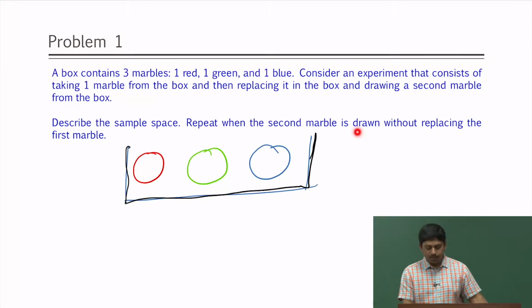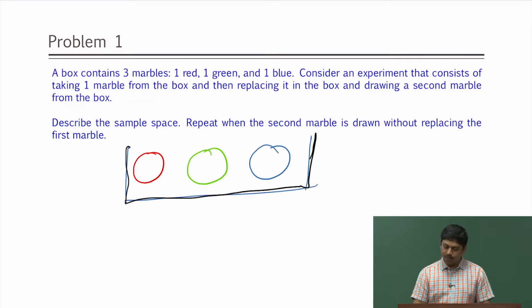Describe the sample space. So, in our sample space, the first marble can be either red, green or blue, and since we are replacing them back, the box again contains all 3 marbles. So, for red, the second can be either red, green or blue.